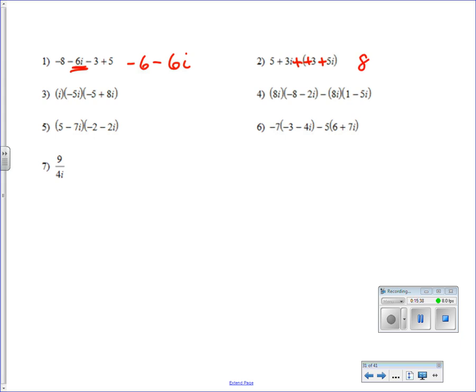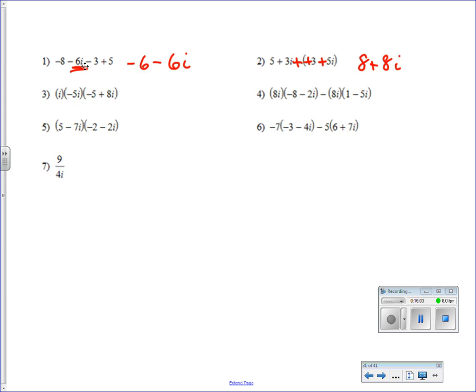And do we have any imaginary pieces we can put together? Yes, the 3i and the 5i, which will make 8i. Done. So we're learning some operations before I throw back to some of the quadratic stuff we did. I have to teach you some of the little funky things about i.